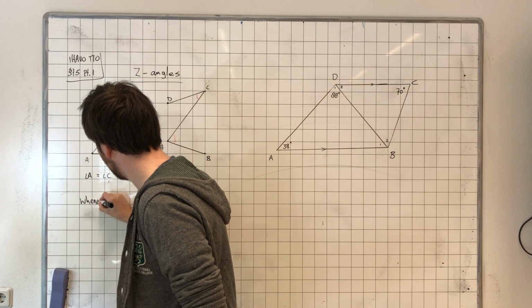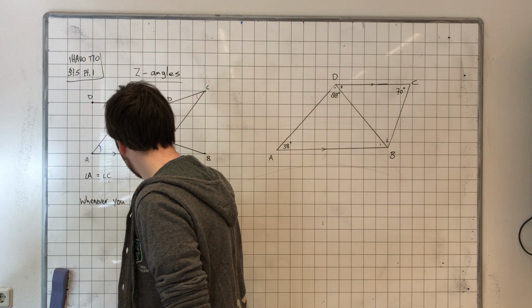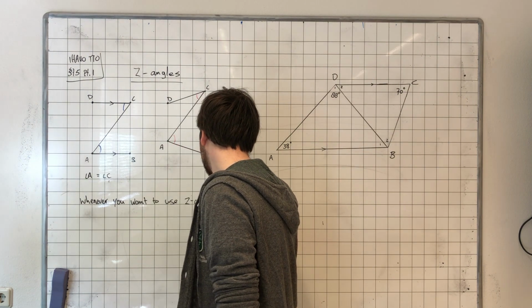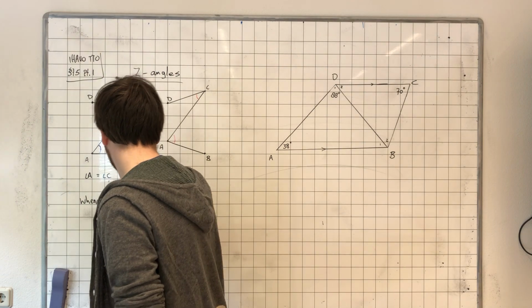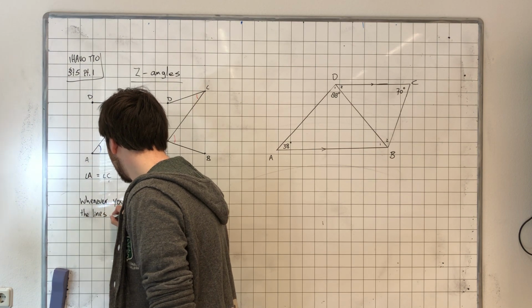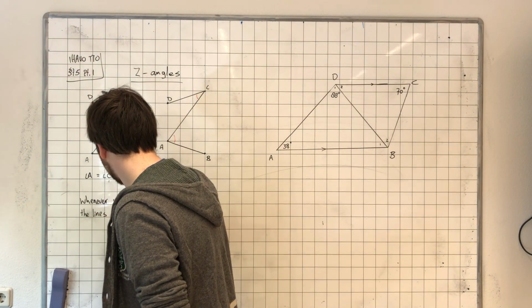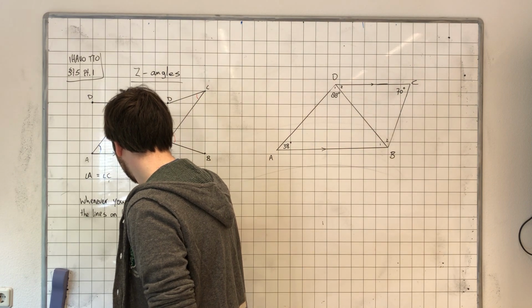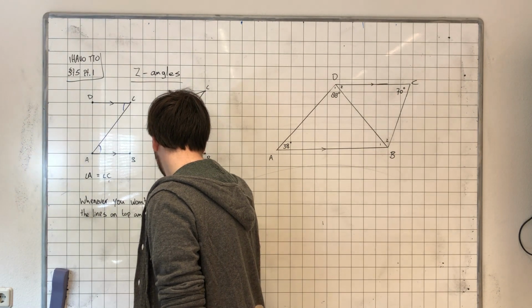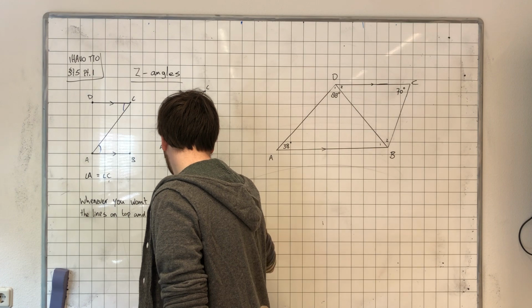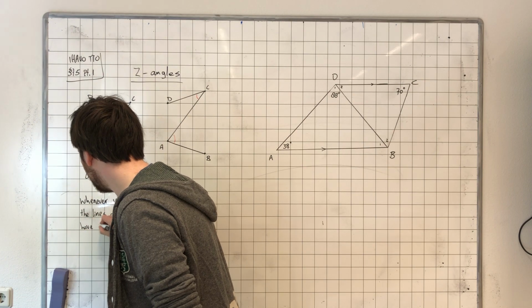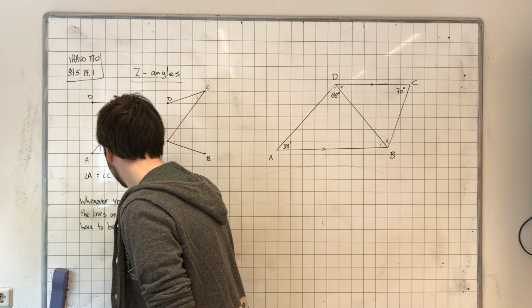Whenever you want to use Z angles, the top and bottom of the Z have to be parallel.